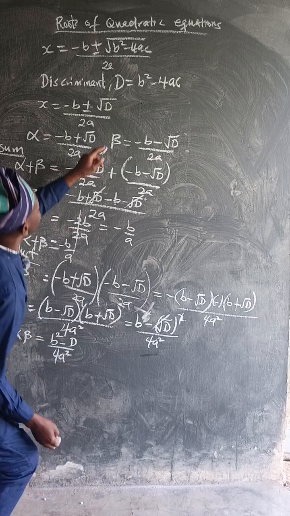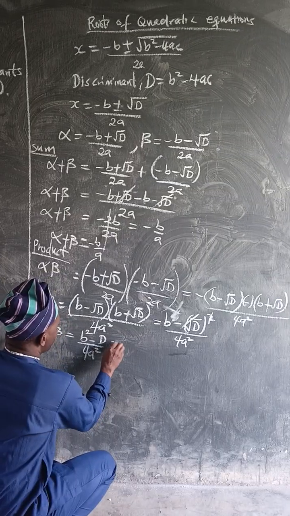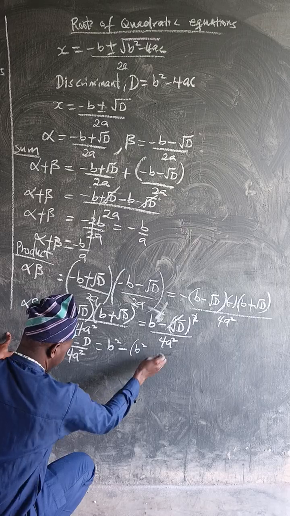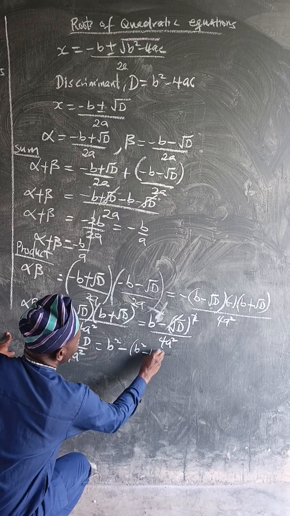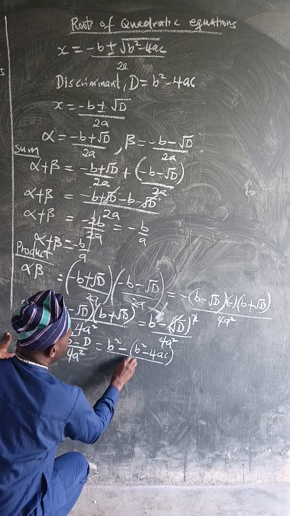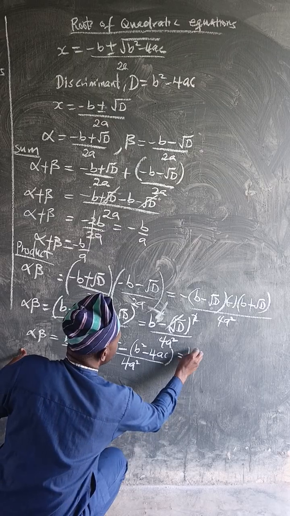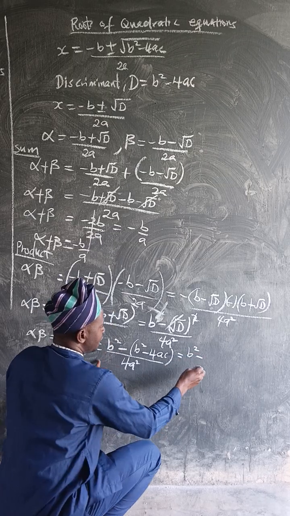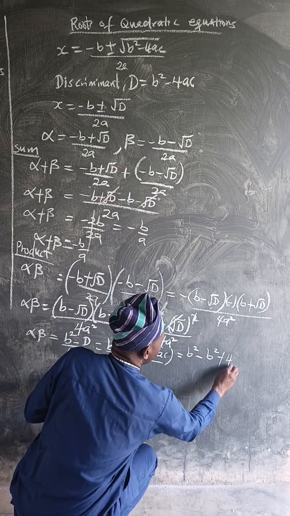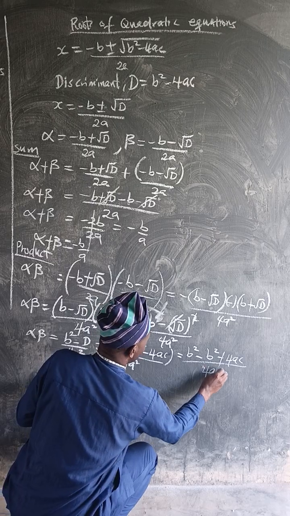And don't forget, D is equal to b squared minus 4ac. We are going to substitute back. So we have b squared minus, the value of D now, b squared minus 4ac, divided by 4a squared. Therefore we have b squared minus open bracket b squared minus 4ac, which gives b squared minus b squared plus 4ac, divided by 4a squared.